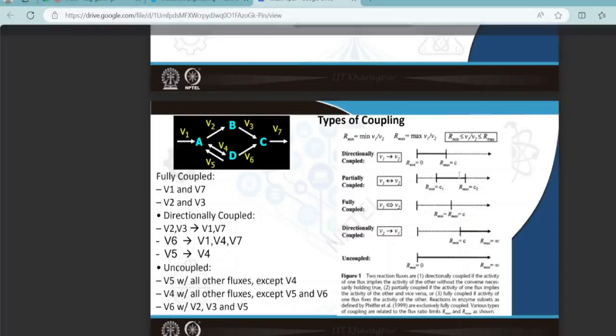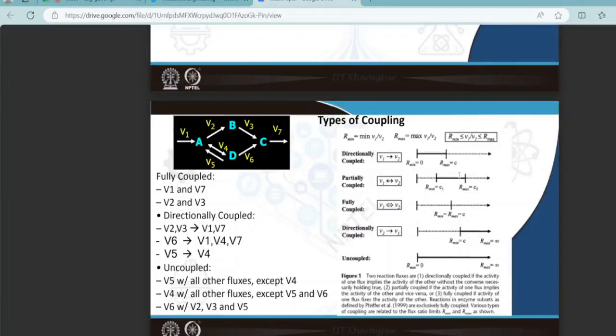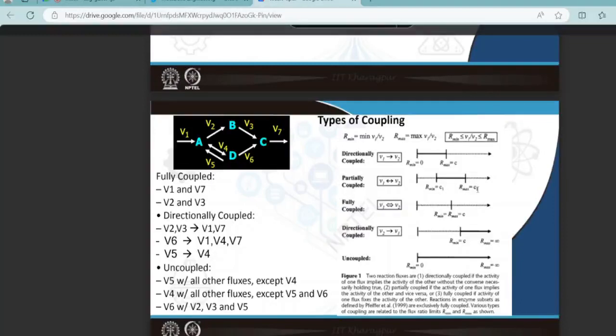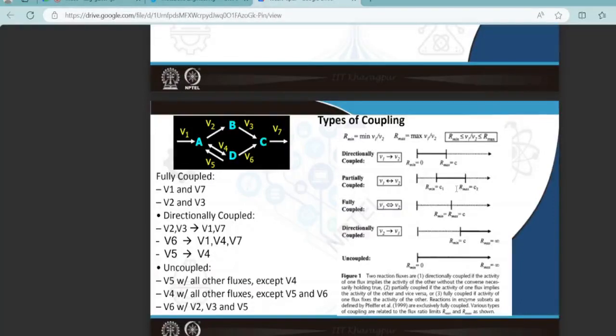In directionally coupled reactions, usually Rmin is zero. If one of them is zero, the other would also be zero, and Rmax is a constant. If it's partially coupled, what they say here is that it need not be zero and it could be in a range between a particular value C1 and C2.